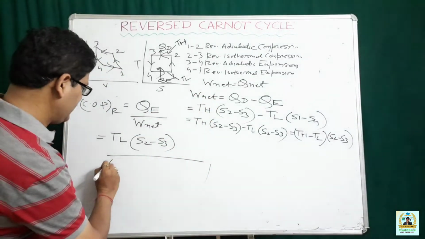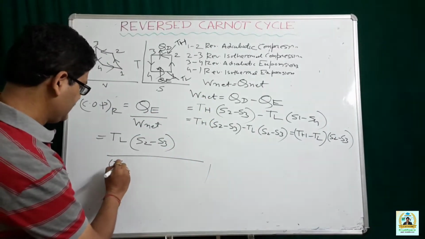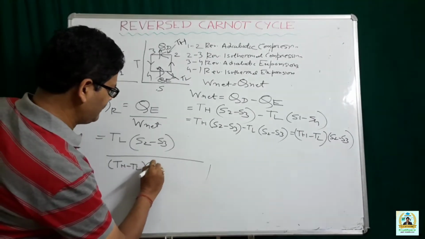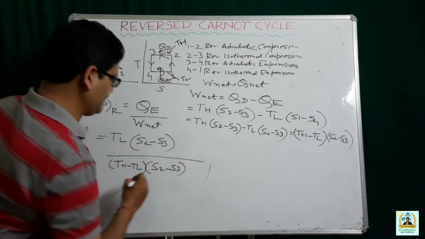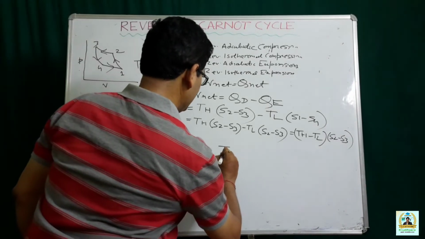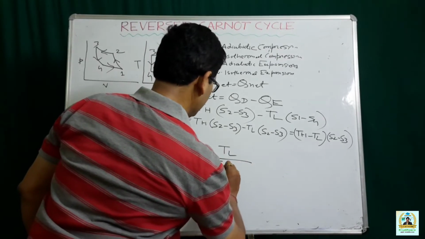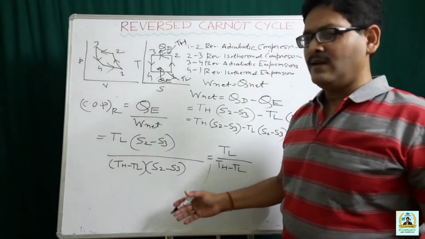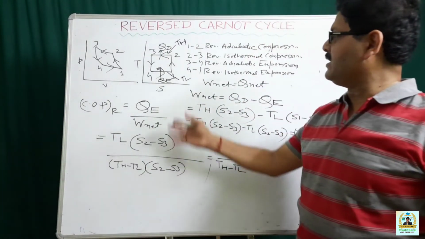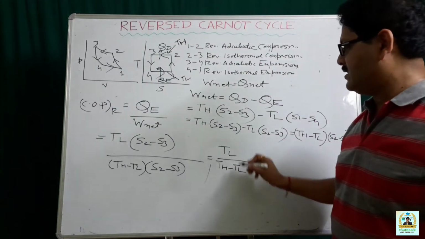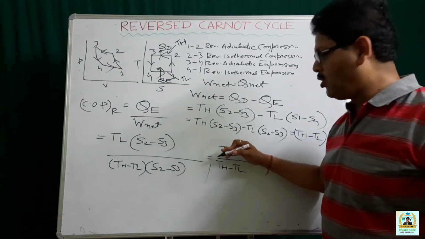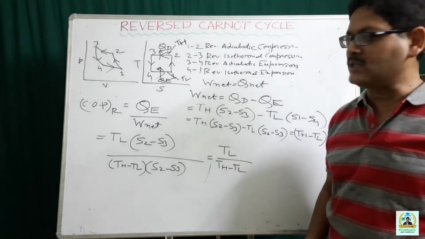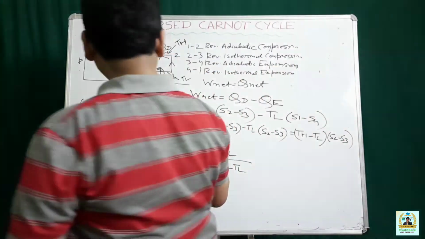Already W net is TH minus TL multiplied by S2 minus S3, and you get it as TL divided by TH minus TL. So the COP of a refrigerator working on reversed Carnot cycle is the ratio between the lower temperature divided by the difference between higher and lower temperature. So this is for a refrigerator.